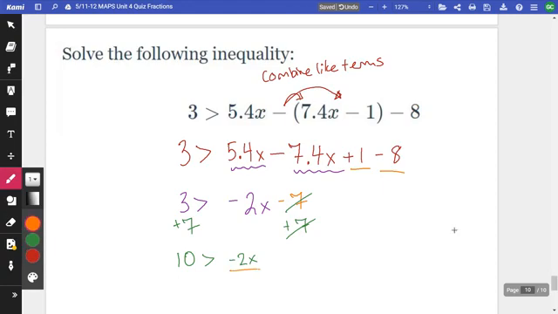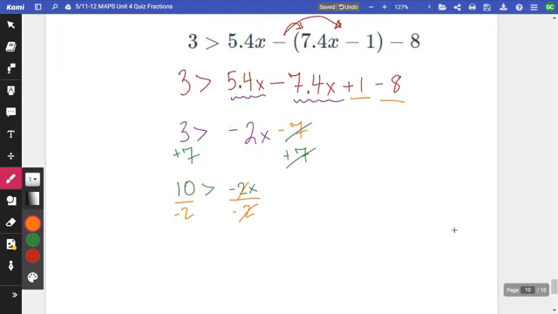Last thing, we need to divide by negative 2. But remember, when we divide by a negative with our inequality, we are changing the sign. So on the left side, we have negative 5. And on the right side, we have x.